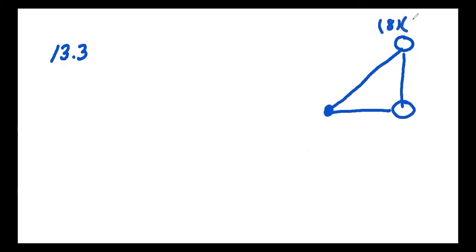Here is the diagram, with the two large stars and the small star. The mass of each large star is 8 times 10 to the 30th kg, and this distance is 2 times 10 to the 12th meters.